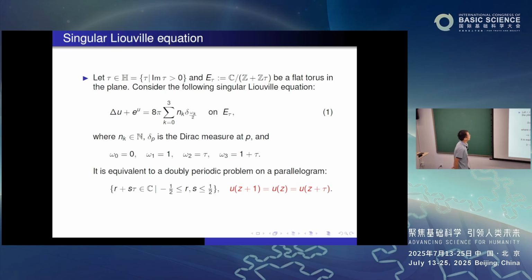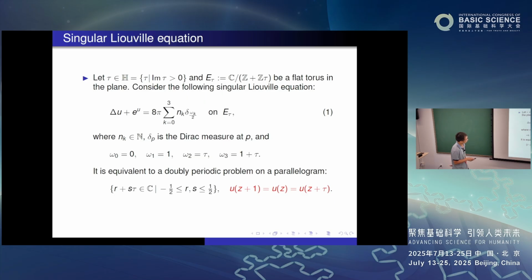So let's consider the singular Liouville equation. We consider the flat torus generated by the vectors 1 and tau. So this is a flat torus in the plane. The left-hand side is the Laplacian plus e^u, and the right-hand side there are some Dirac measures on the half periods of the torus. Omega 0 is 0, omega 1 is 1, omega 2 is tau, and omega 3 is 1 plus tau.